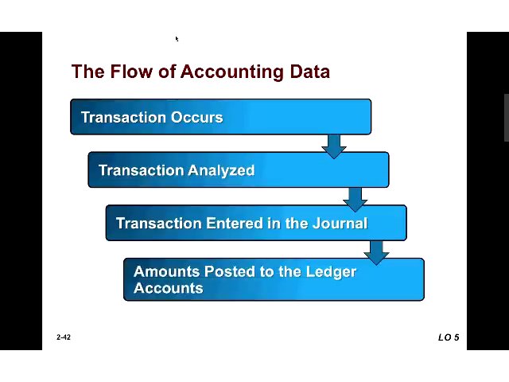The ledger is the collection of all our accounts. We have a general ledger. We represent accounts with T accounts when we're talking about them conceptually, but a ledger is a listing of all our accounts, and we're going to post those journal entries to the ledger.